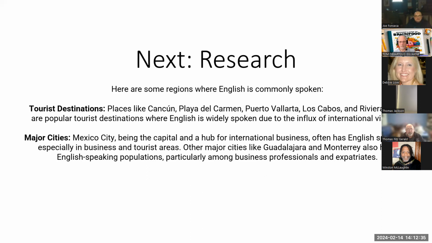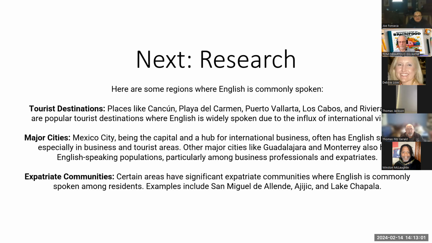Major cities: Mexico City, being the capital and a hub for international business, often has English speakers, especially in business and tourist areas. Other major cities like Guadalajara and Monterrey also have English-speaking populations, particularly among business professionals and expatriates.